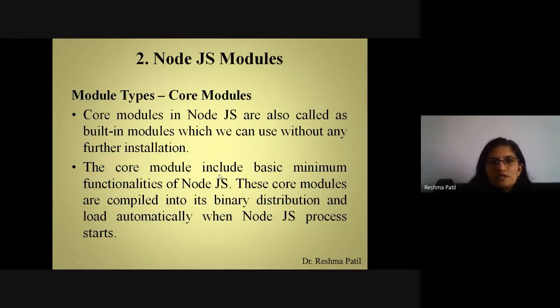The core modules include the basic minimum functionalities of Node.js. These core modules are compiled into its binary distribution and loaded automatically when the Node.js process starts. So core modules means your built-in modules. When you install Node.js, the basic functionality is automatically installed with it.